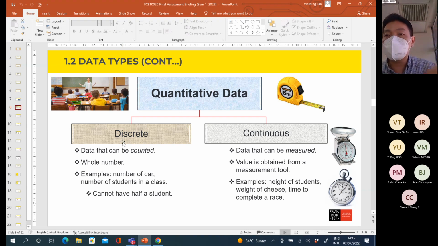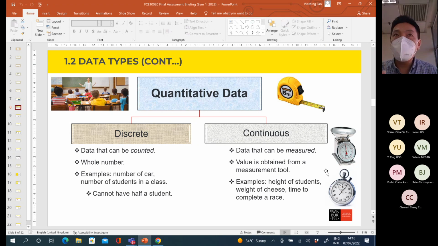If you want to know the weight of an object, you need to use a scaling machine. If you want to know the time, you need to use a clock. So the result that you get will be quantitative continuous data.